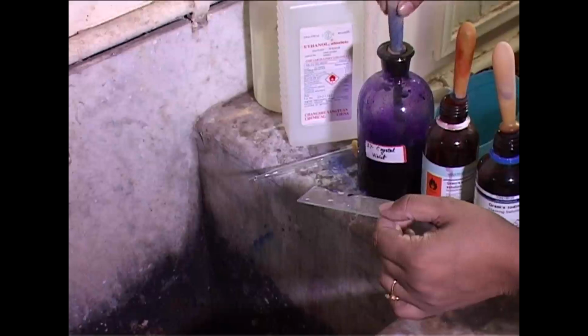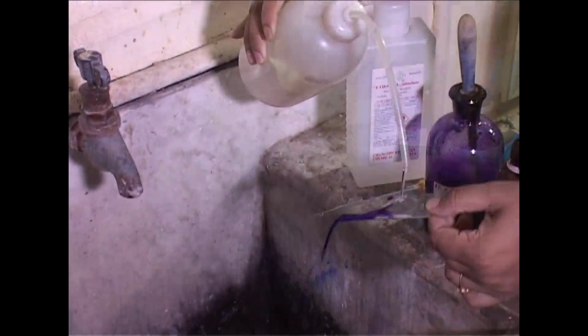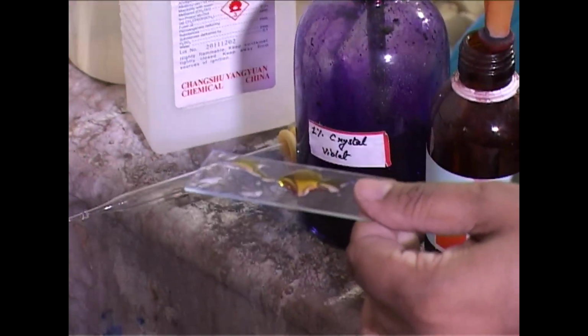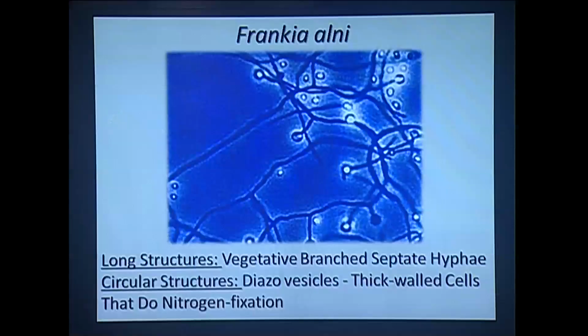So this is a simple protocol, and for identification we should go for gram staining. In gram staining, Frankia will appear as long branched rods, and in media they will have a colony appearance which has already been discussed. Not much work has been done with Frankia because although they are nitrogen fixers, there is less chance of these being used as biofertilizers.